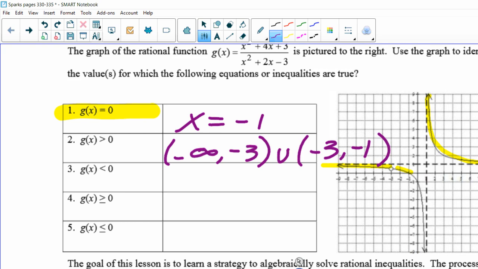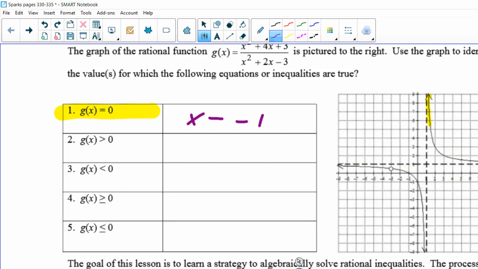No. Where do I start the next piece? Right. And that's what the parentheses takes care of. So 1's not included. Correct. That's where the asymptote is.